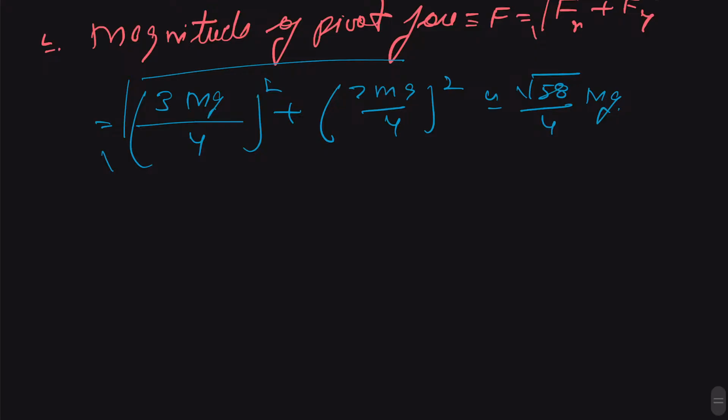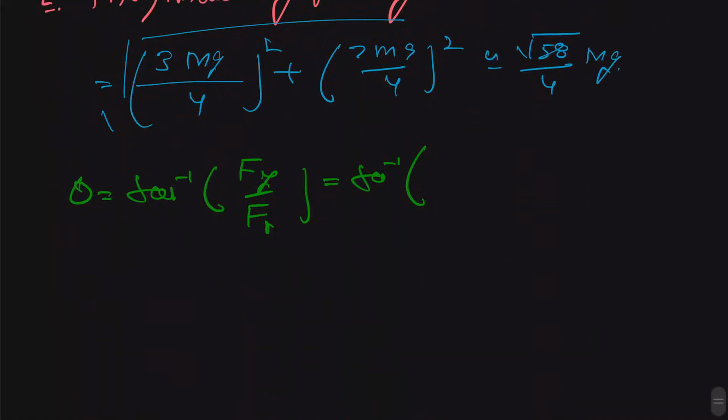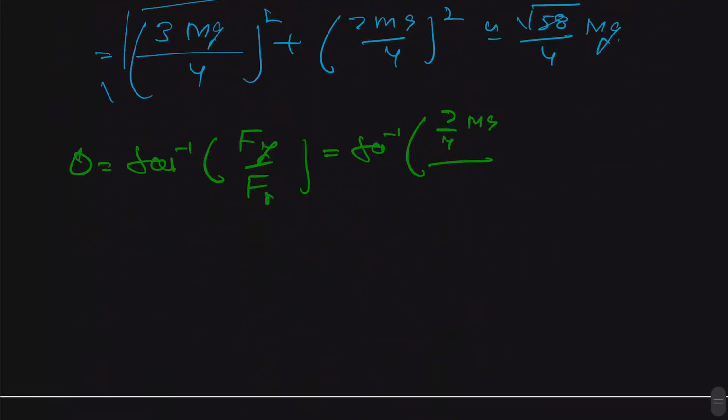We can also find our angle: theta will be equal to tangent inverse of y in terms of x, where y is 7 by 4 mg and x is 3 by 4 mg. So mg and 4 cancel out, and this comes as tangent inverse of 7 by 3.